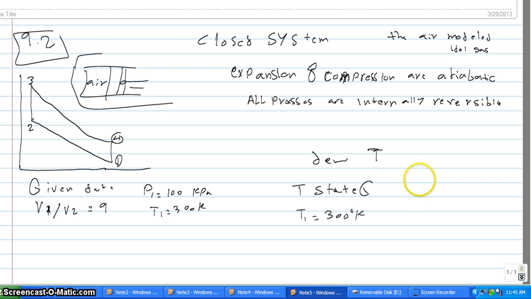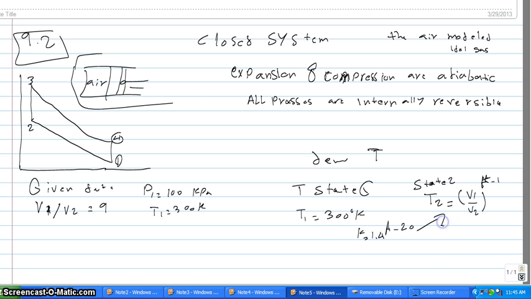Now let's do state 2, where we can use this equation to find T2 based on what is given in the question. We know from the table that k is equal to 1.4.